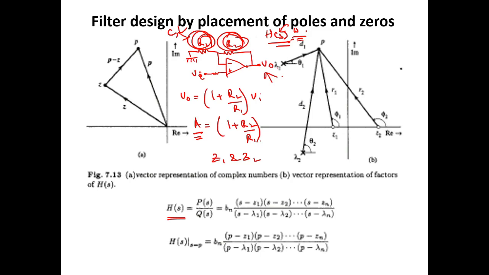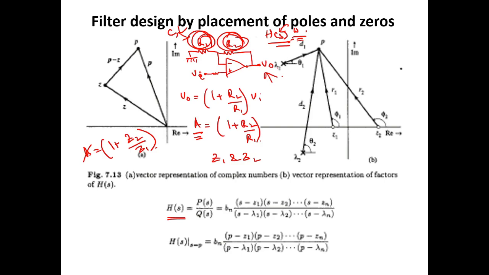Okay, so in that case our gain is equal to 1 plus Z2 by Z1, but this gain was used for the frequency independent behavior.